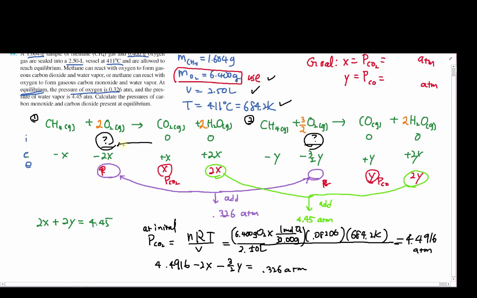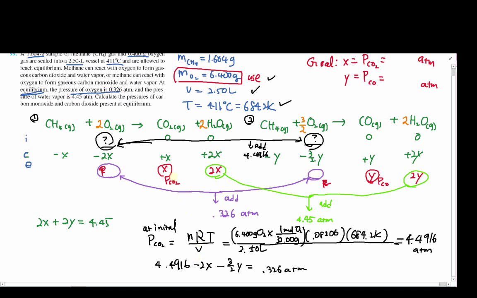Actually, you know what? I'm gonna write that. It's kind of messy, but when you add these two question marks, you're supposed to get 4.4916. Okay.